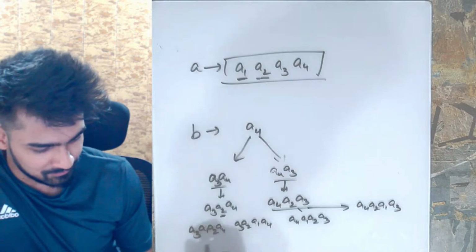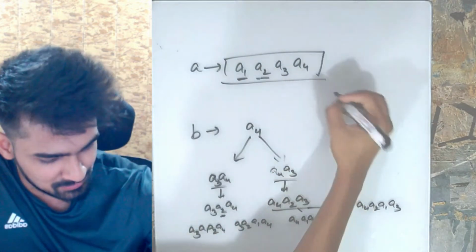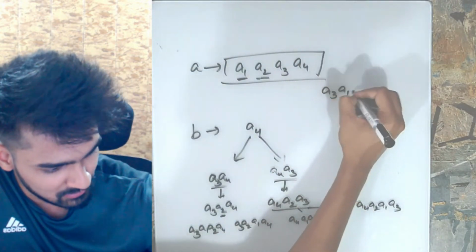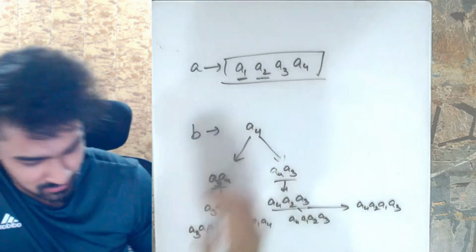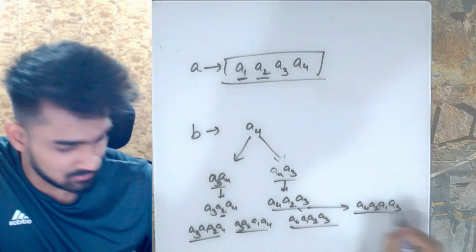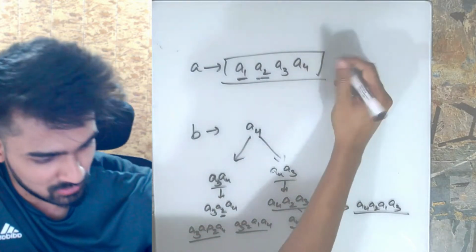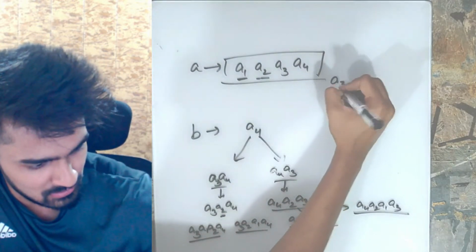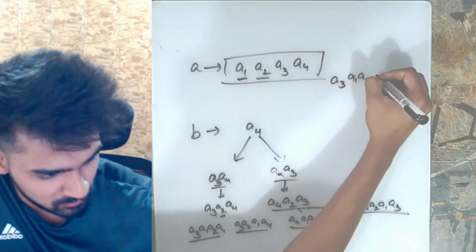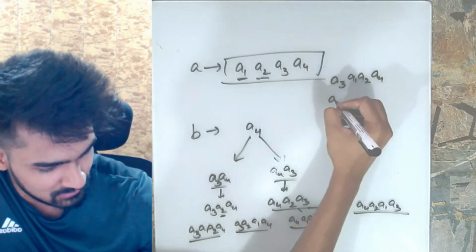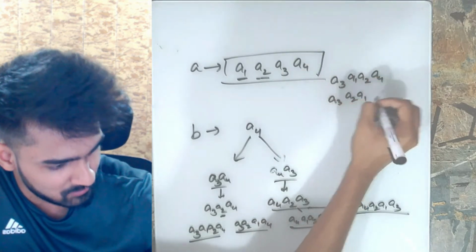Now, let's see what are the things possible. These are 4 possibilities for B. We have A3, A1, A2, A4. Then we had A3, A2, A1, A4.